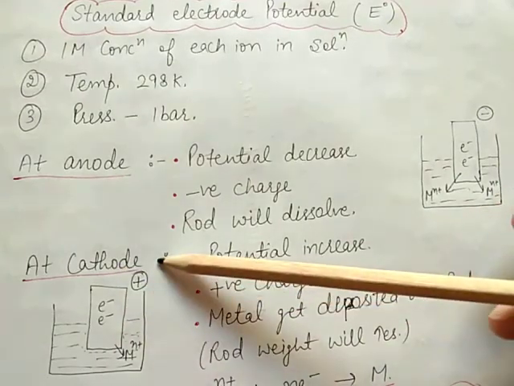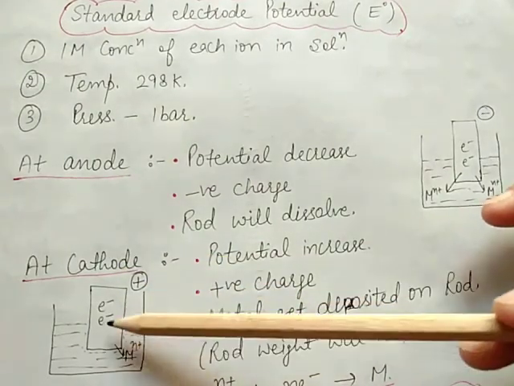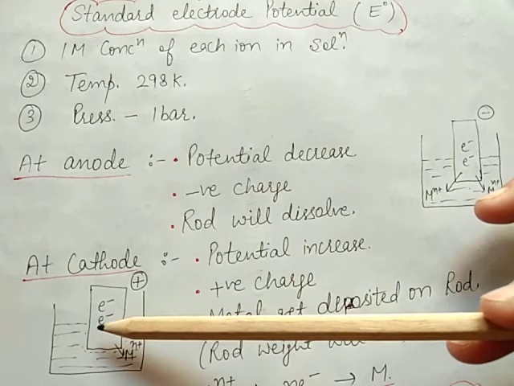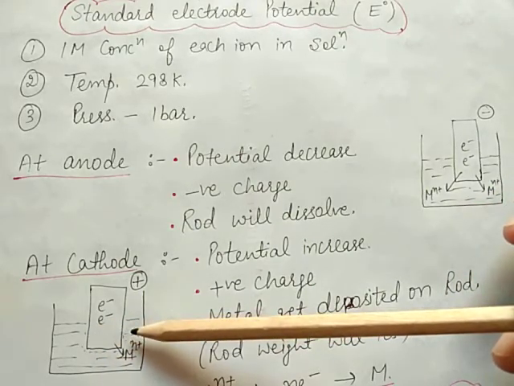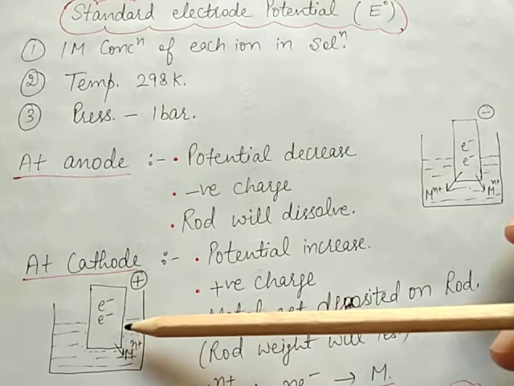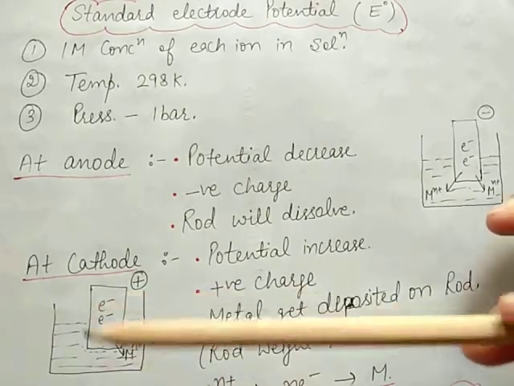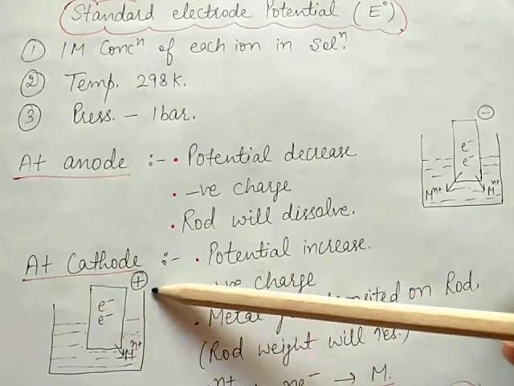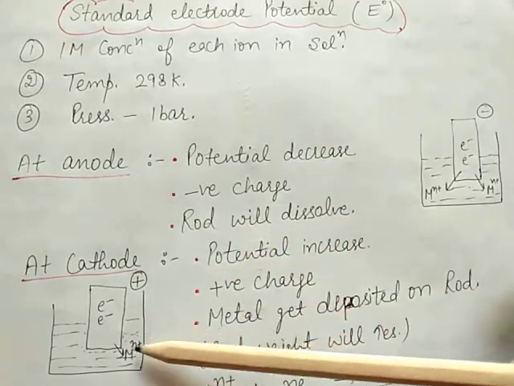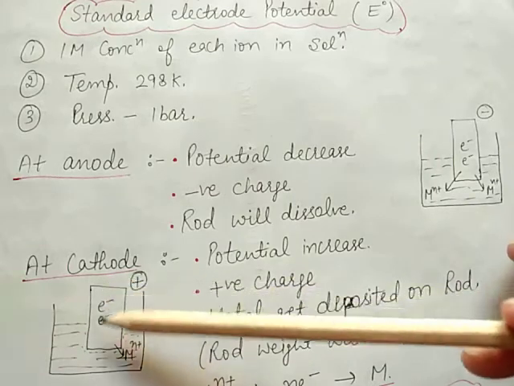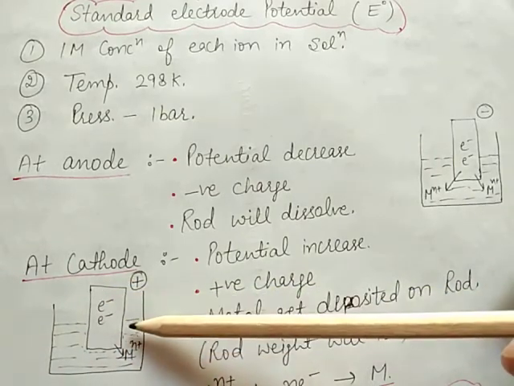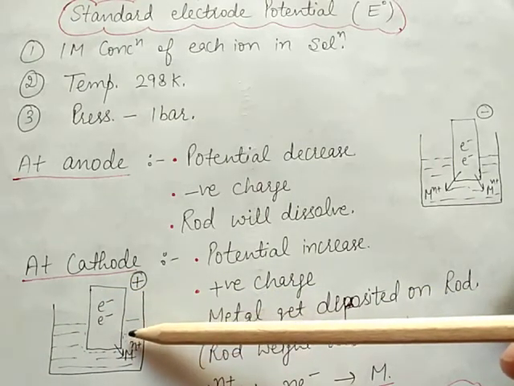But at cathode, potential increases because gaining of electrons takes place. It will show positive charge and the metal gets deposited on the rod, so the rod will increase in weight.